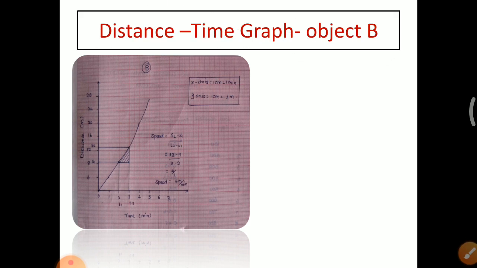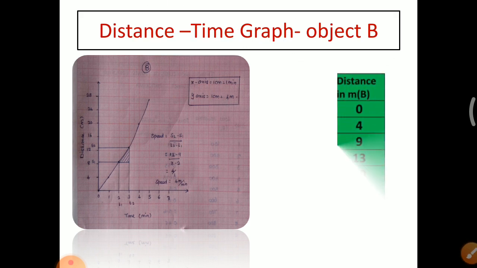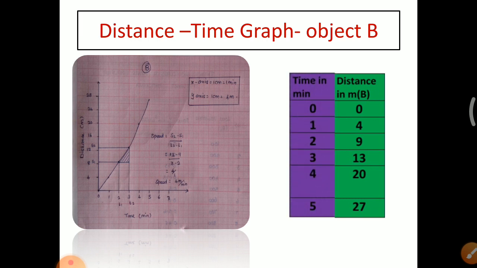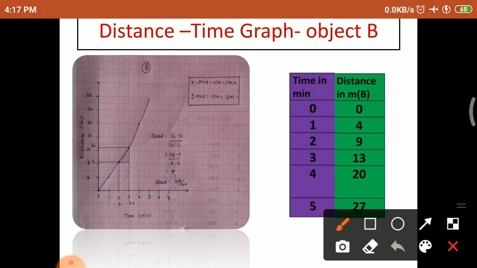Next, the distance time graph for object B. See here time, and this is distance. Time is represented along the x-axis and distance is represented along the y-axis. And see the unit, time is minute, and the distance is meter, so I have written meter here.